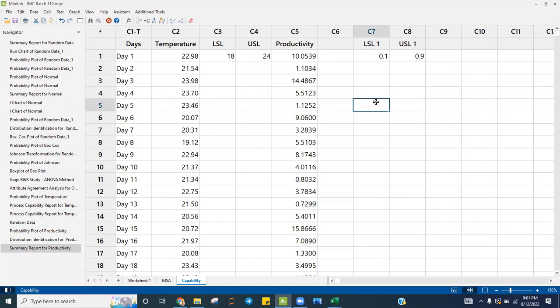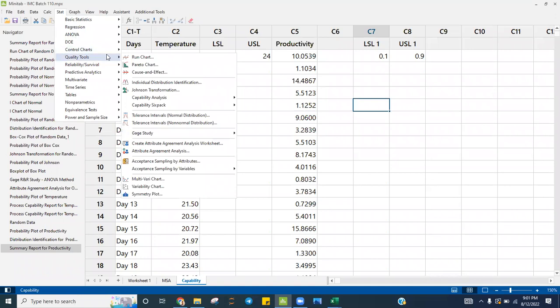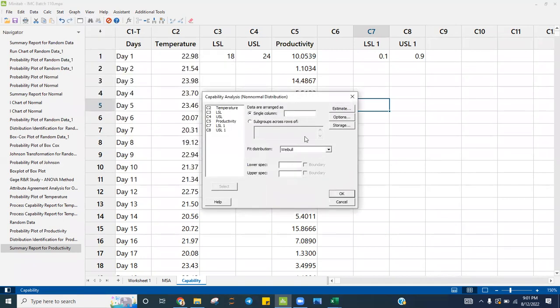Three parametric variable. I'll go to Stat, Quality Tools, Capability Analysis, Non-normal, because the data is not normal. When you select this, select here the fit distribution, and what is that? Three parametric variable. So I will select this option from here.